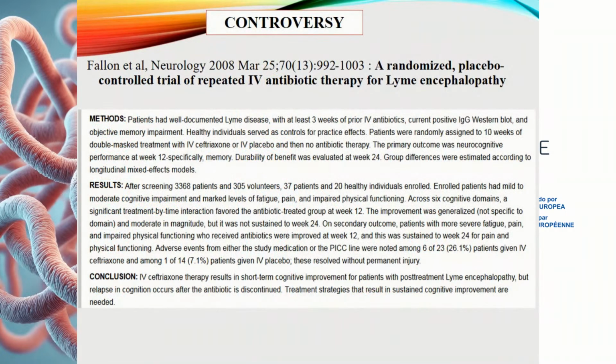The controversy is nourished also because in some studies, when you prolong antibiotic therapy, there are good outcomes. The problem is the improvement doesn't persist over time. It goes down.